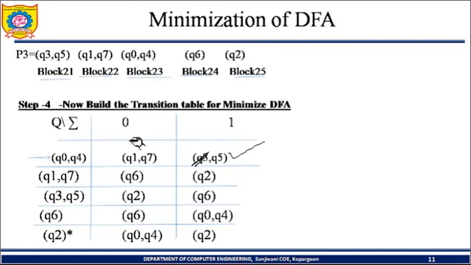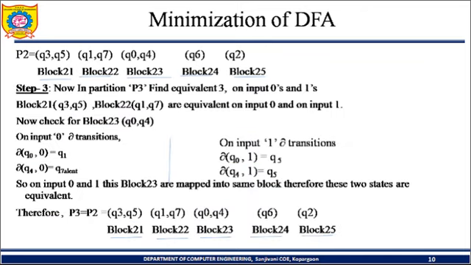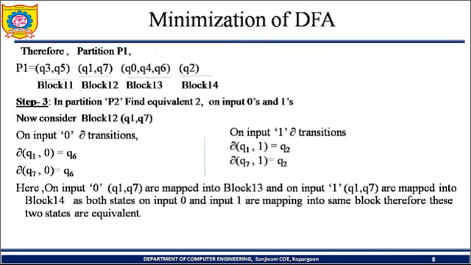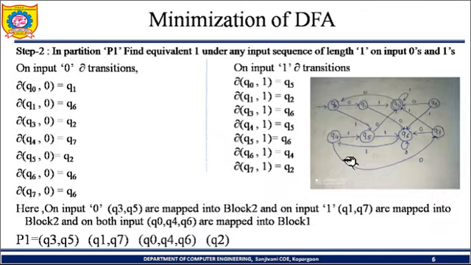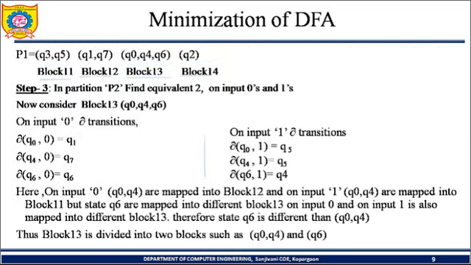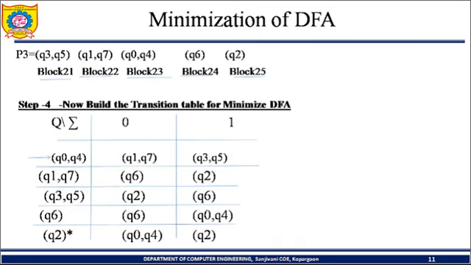Q1 Q7 after reading 0: Q1 after reading 0 goes to Q6, and Q7 after reading 0 goes to Q6. If we take the union of Q6 with Q6, we get Q6 only. So that's why here we have written it as Q6.